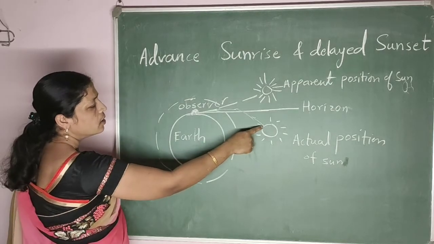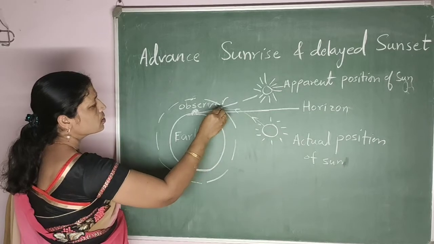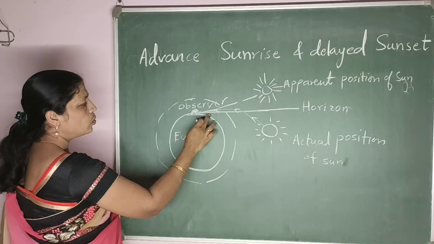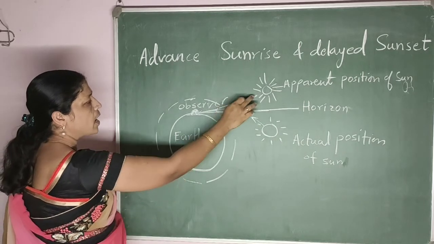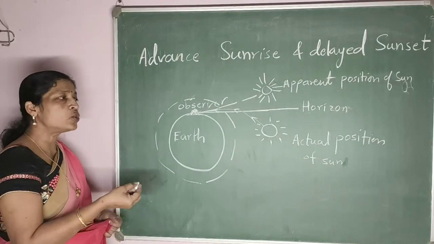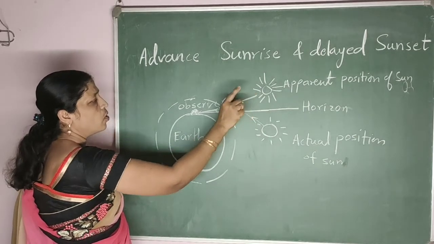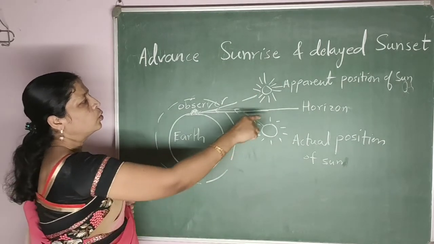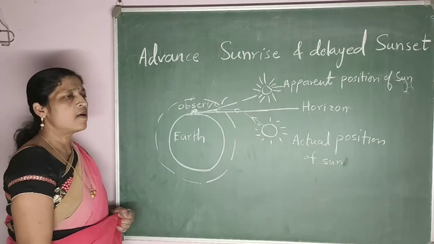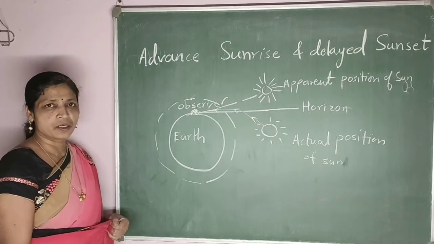When the sunlight enters the atmosphere, as we know, it bends towards normal. Due to that, it appears as if the light is coming from the apparent position of the sun. Though the sun is actually below the horizon, it appears as if the sun is above the horizon. So that position is called the apparent position of the sun. So advanced sunrise occurs, and the same happens at the time of delayed sunset.